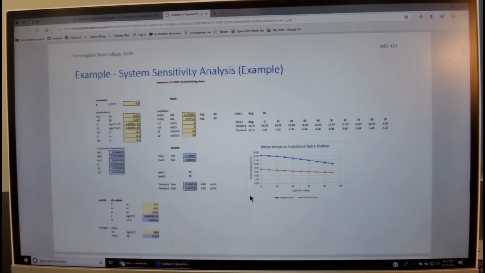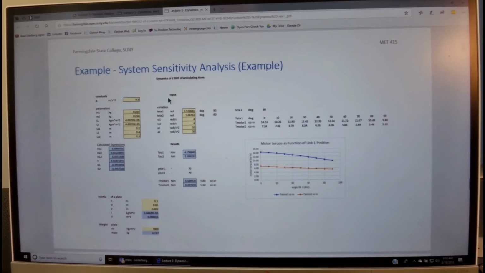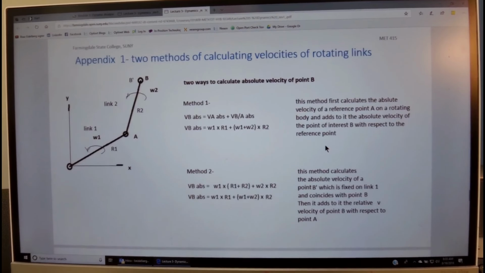And then once they make sense, we could use the model to do some sensitivity analysis. For example, take a look at the result of motor torque as a function of link position. That may help us to optimize the configuration of the robot, of where it does pick and place in particular applications, and optimize the motor size.